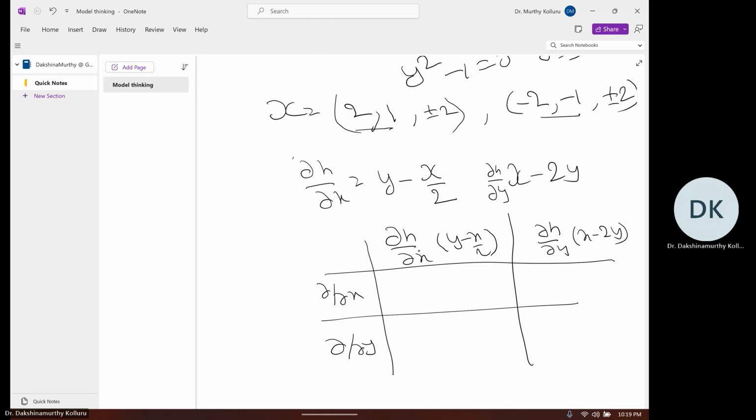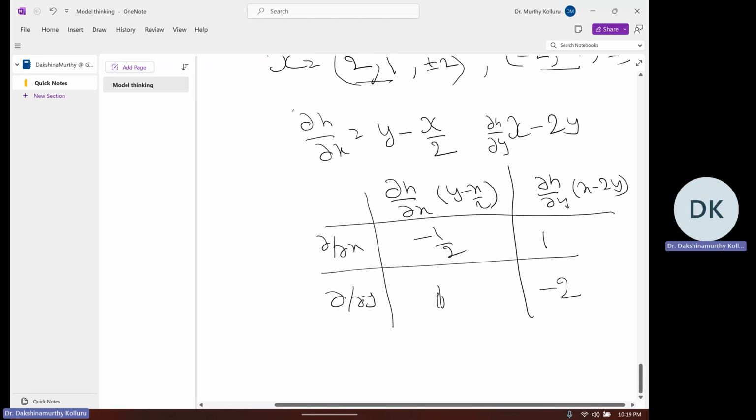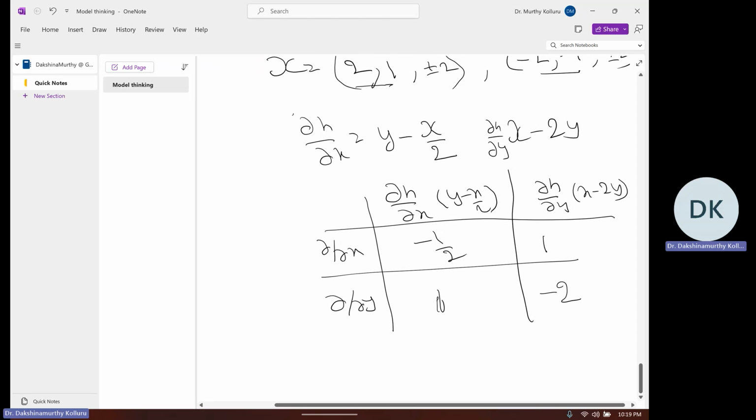Dou by dou x of this thing is minus 1 by 2, dou by dou x of this thing is 1. Obviously, this will be 1, this will be minus 2. So the matrix is minus 1 by 2, 1, 1, minus 2. Substituting x and y doesn't really make a difference, for 2, 1 or minus 2, minus 1.